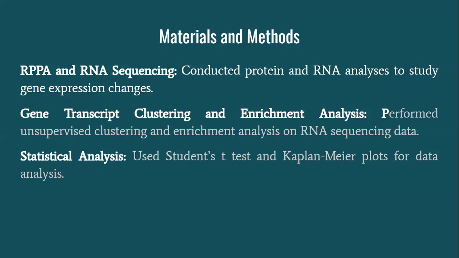And finally, statistical analysis was done using Student's t-test to compare the two methods. You know, the first method being the virus-mediated one, and the second one being the new model. So Student's t-test was used for that, and Kaplan-Meier plots were also used to check which method is more consistent.